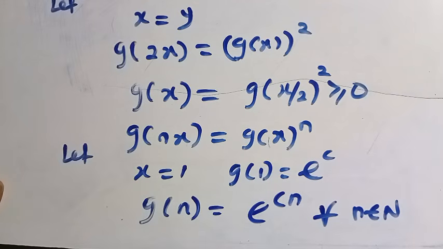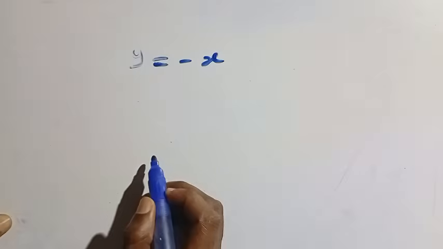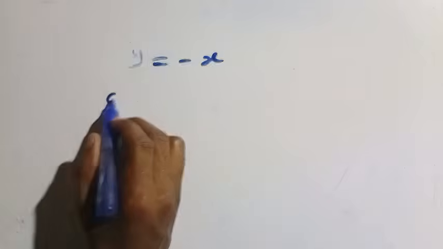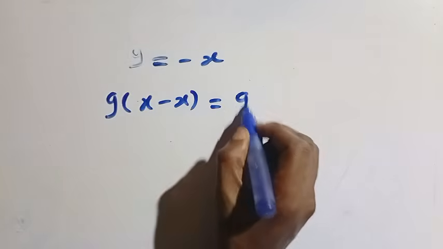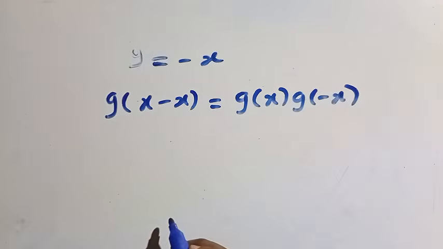And getting this, we cannot conclude the result yet. You can still test from some conditions if they work. Let's test for a negative integer. If I let y equal minus x, going back to the Cauchy, we are going to have g of x minus x equals g of x times g of minus x.